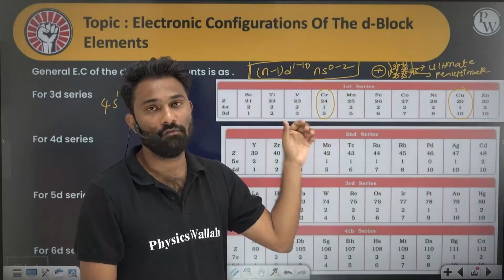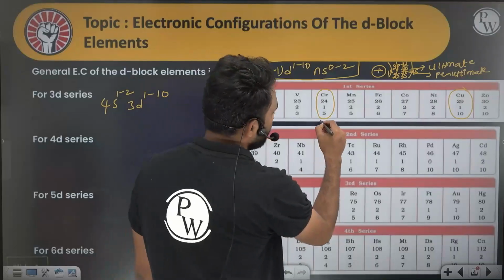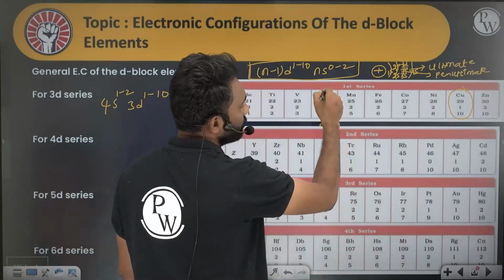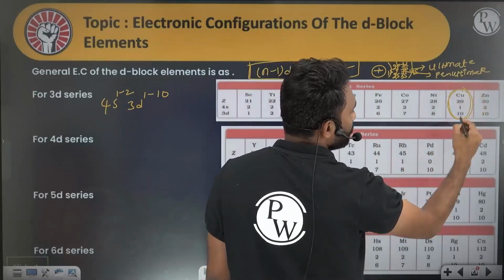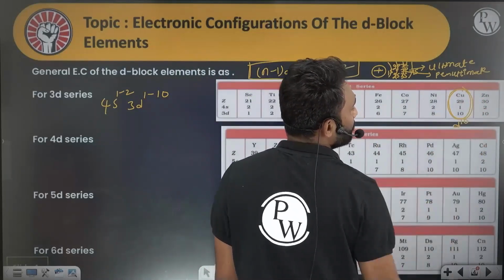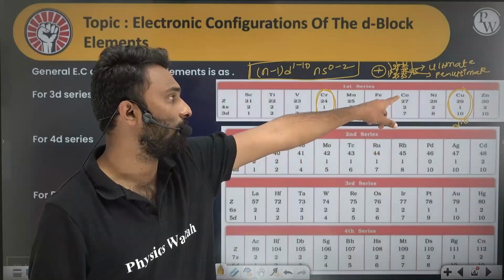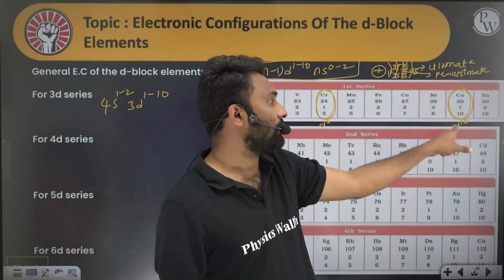Due to the presence of d5 stable electronic configuration, chromium is showing the exceptional electronic configuration. Look at copper: due to the presence of d10 stable electronic configuration, copper is also giving the exceptional electronic configuration.